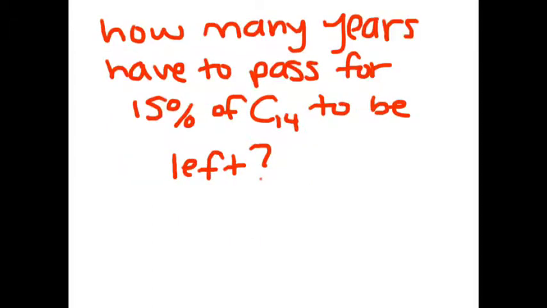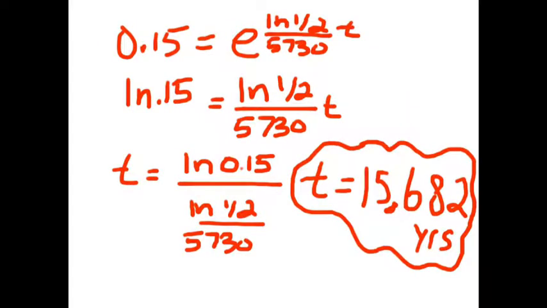Now that we have k, we need to answer the question. How many years have to pass for 15% of carbon-14 to be left? We need to find a time for 15% of the original to be left. So we take 0.15, which is 15%, equals e to the ln of 1/2 divided by 5,730 times t.